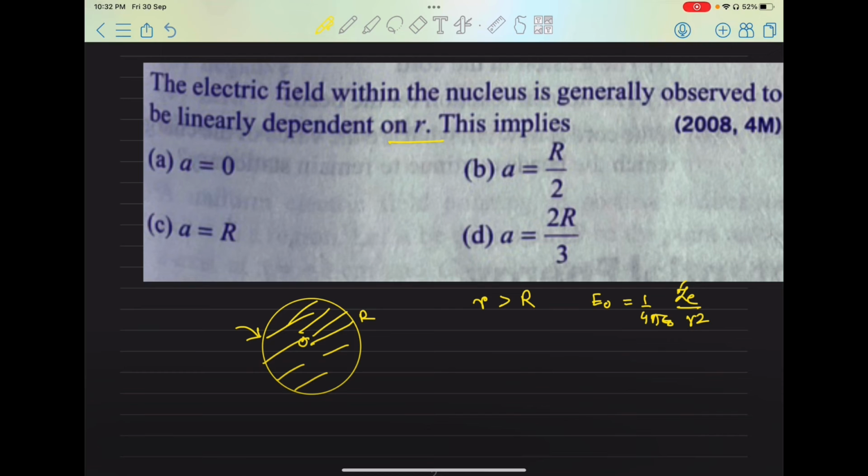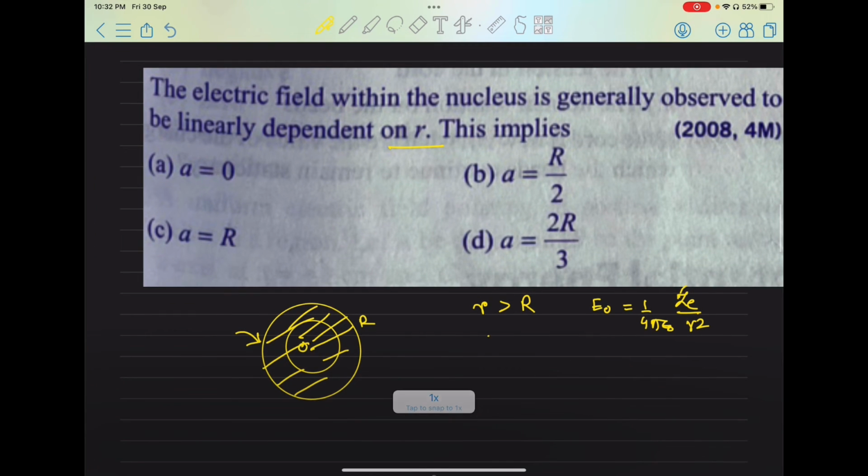And if you remember, the field inside this sphere, for r less than R, is nothing but 1 upon 4 pi epsilon naught, small r upon capital R cube. These are the standard formulas.